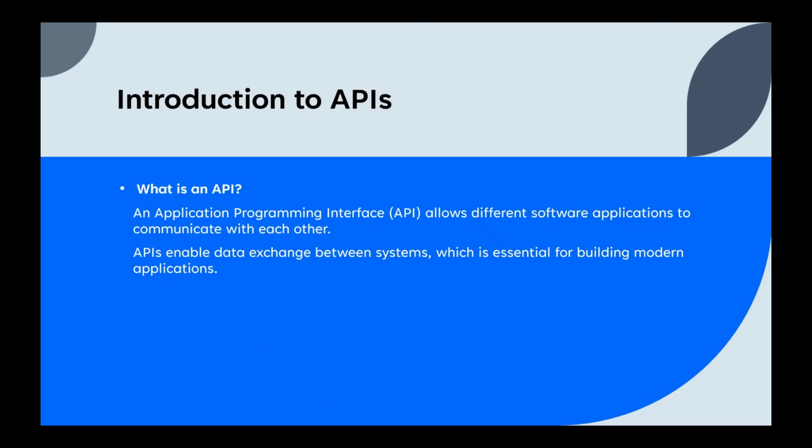But also, you can say APIs help us to separate the backend, which is our server logic, from the front end, or the client logic. So this is all about having the distinction between the front end and the back end, or the server and the client.